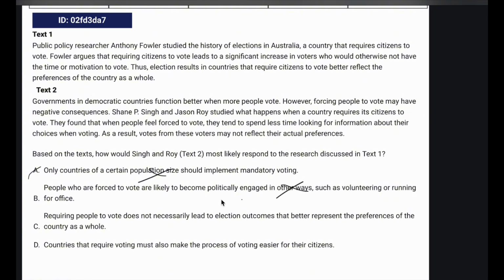Bu narsa aytganimiz yo'q. Requiring people to vote does not necessarily lead to election outcomes that better represent the preference of the country as a whole. Xuddi shu narsa, ya'ni preferencelarni ko'rsatmasligi mumkin dedi, xuddi shu narsani aytayapti. Countries must also make the process of voting easier for the citizens. Bu easier, harder haqida ham ko'rishmadik.